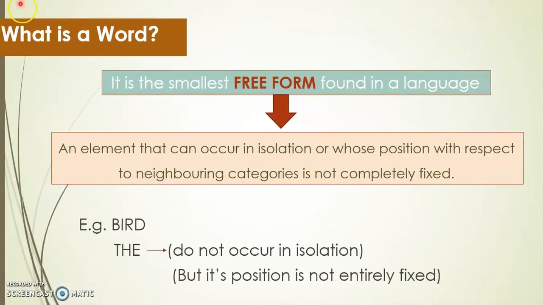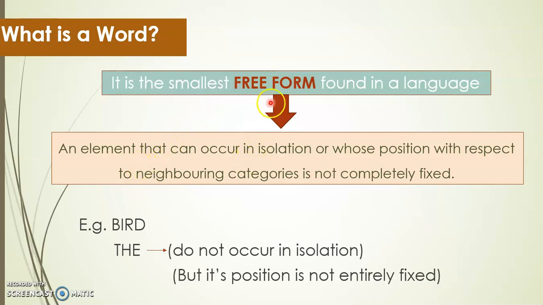So again, the question is, what is a word? According to O'Grady, it is the smallest free form found in a language. But when we say it's the smallest free form, we have to make sure that we understand every single phrase or word we use. So the question is, but teacher, what is a free form?